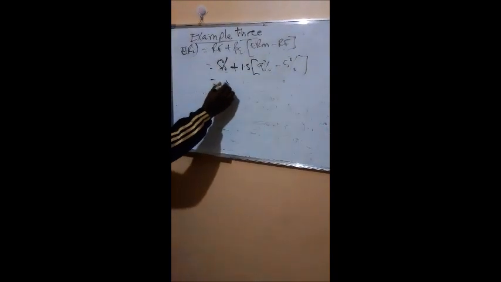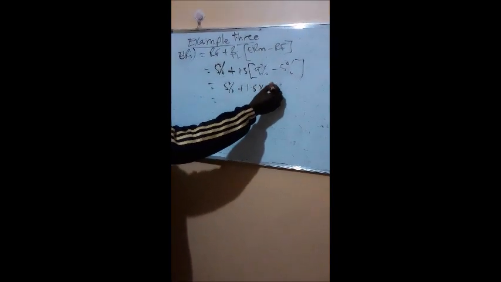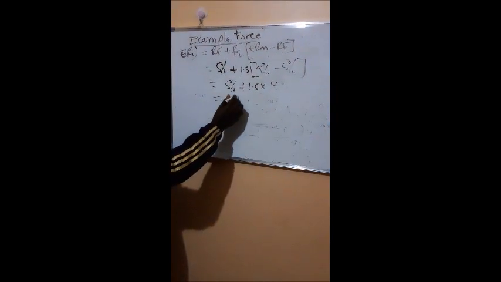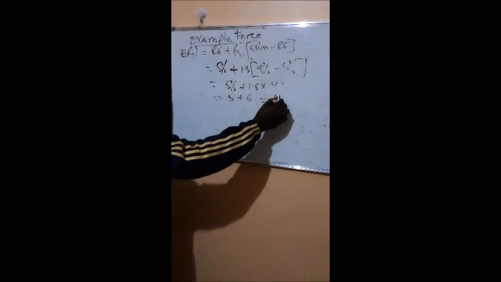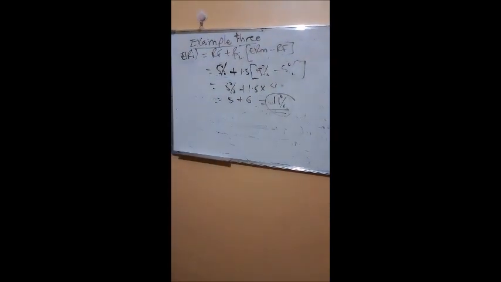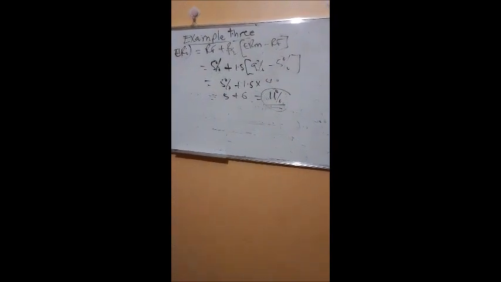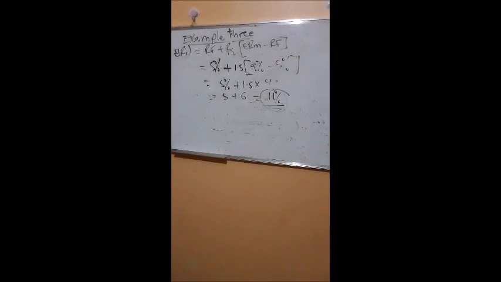So we get 5 plus 1.5 times 4, which is 5 plus 6, equal to 11%. So this 11% is our return calculated based on the capital asset pricing model.